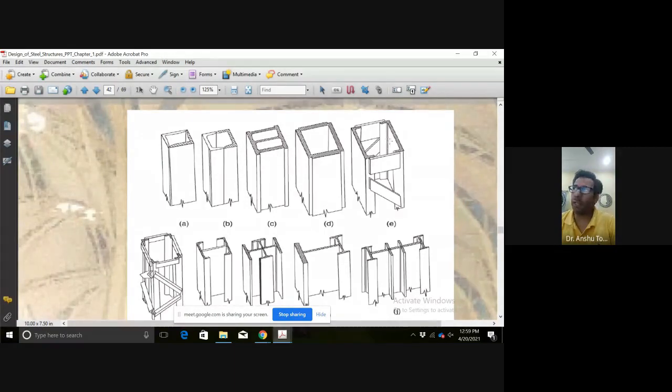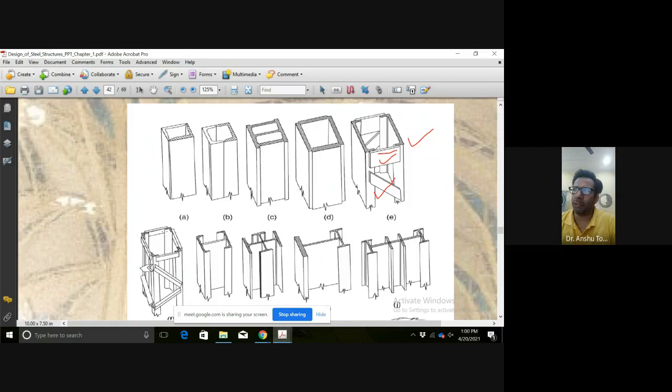You can combine two channel sections distant apart, from here to here, using these types of plates, and this type of staging is possible if you are using it for any tower or any steel water tank. Similarly, you can use 4 different angle sections at 4 corners, which can then be joined using steel plate.